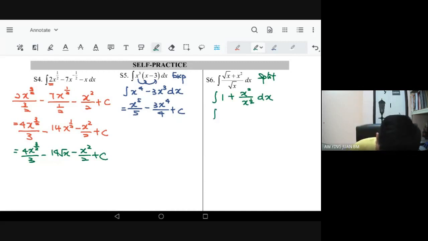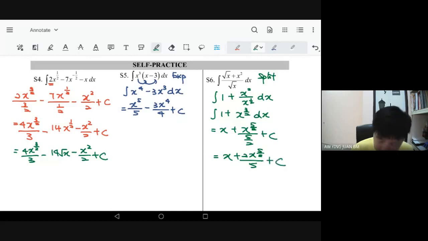So, integrate 1 plus x to the power of 3 over 2 dx. Okay, integrate. So, kita dapat x plus with x 5 over 2 over 5 over 2 plus with the c. So, finally, x plus 2 x to the power of 5 over 2 over 5 plus with the c.